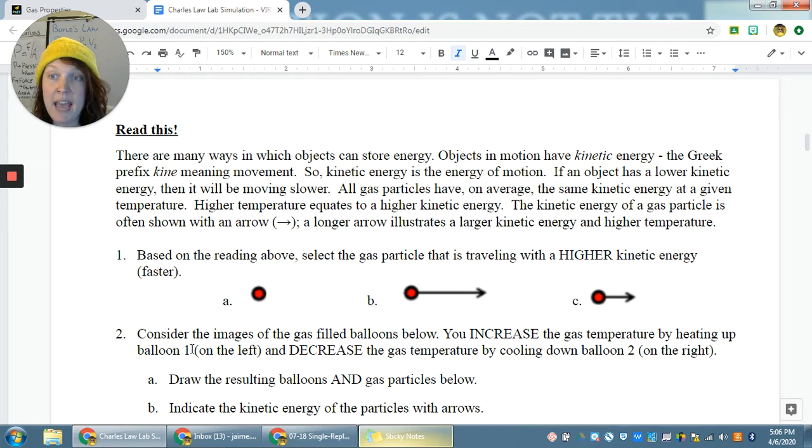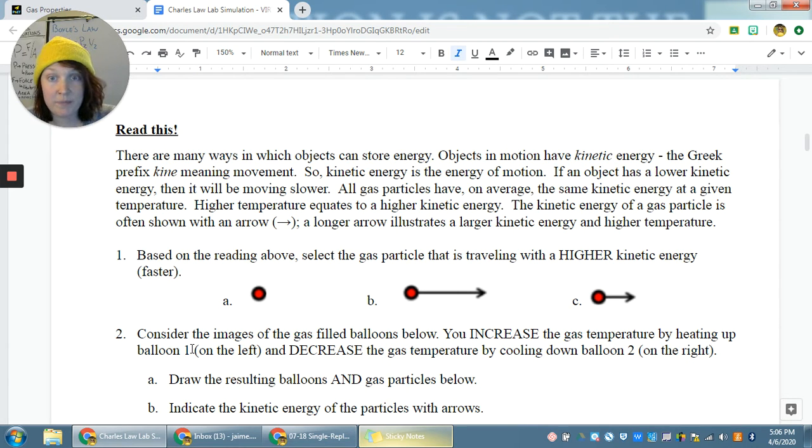All gas particles have, on average, the same kinetic energy at a given temperature. Higher temperature equates to a higher kinetic energy. The kinetic energy of a gas particle is often shown with an arrow. A longer arrow illustrates a larger kinetic energy and a higher temperature.